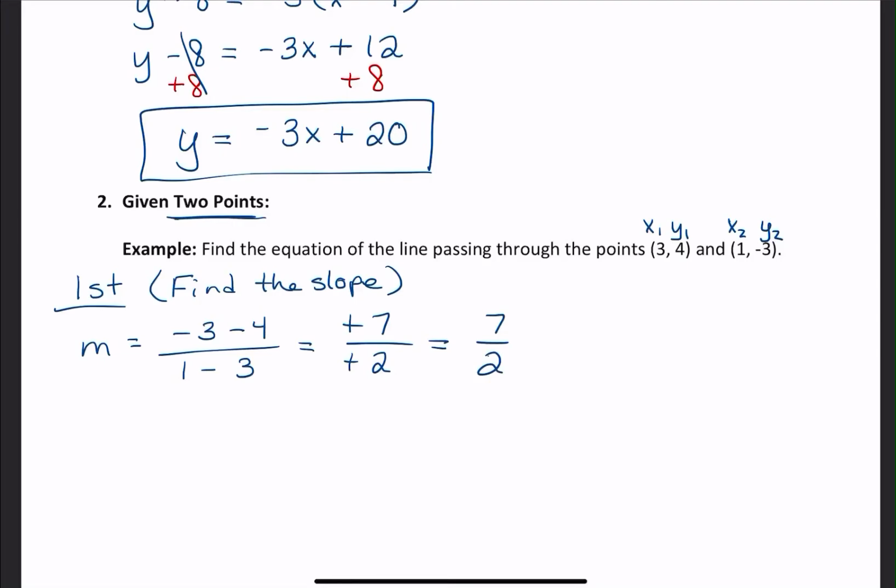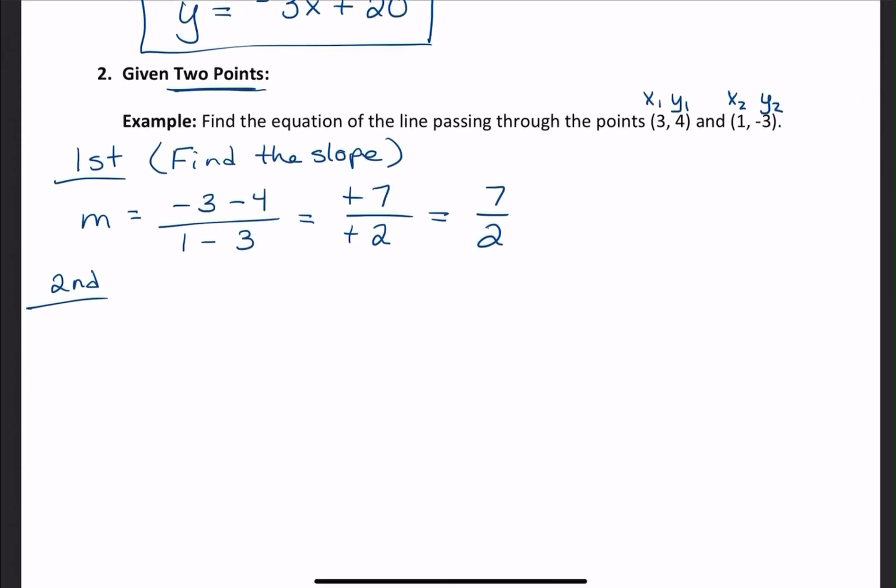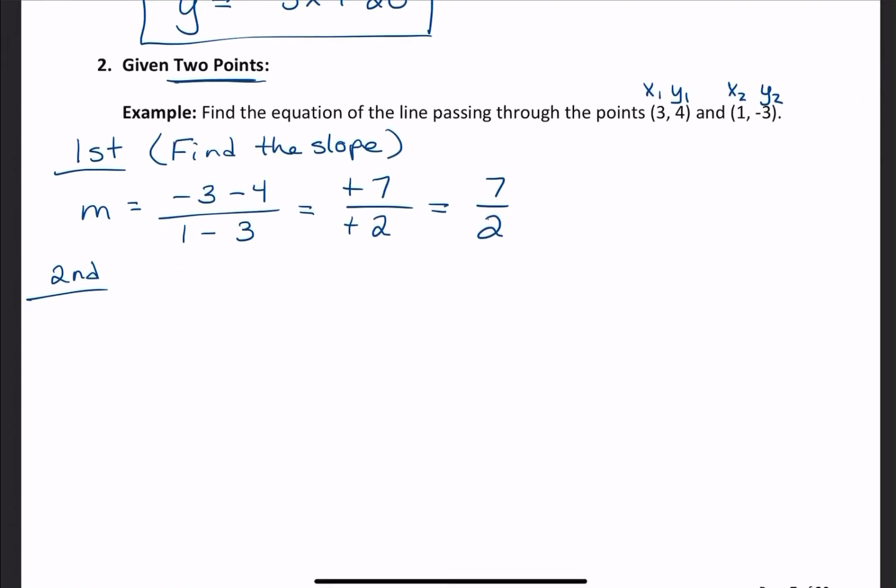Now that I have the slope, I can plug the slope and 1 point into my point slope form. Now don't get too confused. I know we have 2 points here, but I only need to choose one.